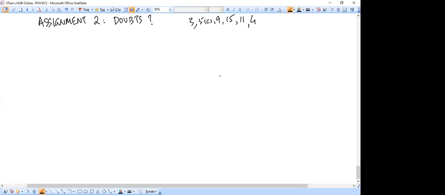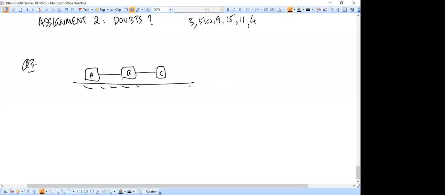So the third question is very similar to one question we've done today. Actually, you'll be able to work this out now. Now this system is on a smooth surface.